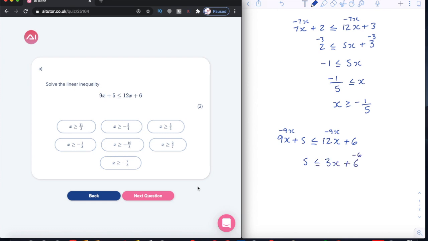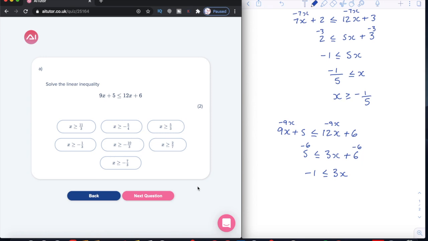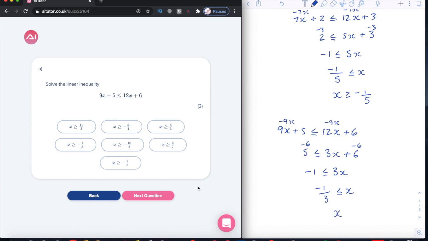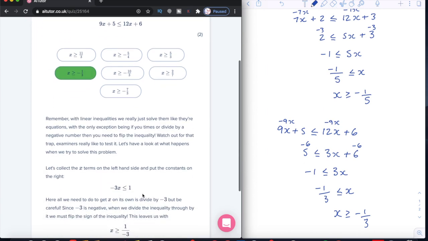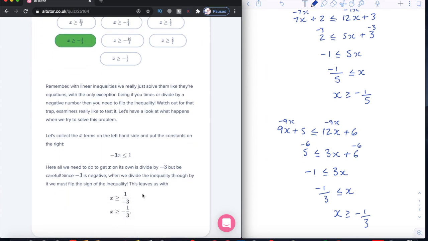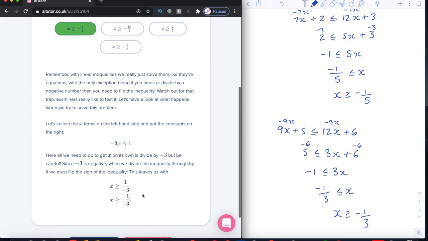Subtract 6 from both sides, we get -1 is less than or equal to 3x. Divide both sides by 3, we get -1/3 is less than or equal to x. This is just the same as saying x is greater than or equal to -1/3. And that is our answer here. Again, it gives us a step-by-step solution of how to solve this question.